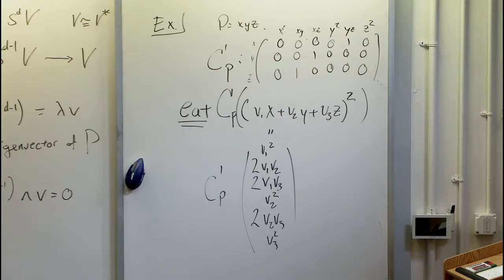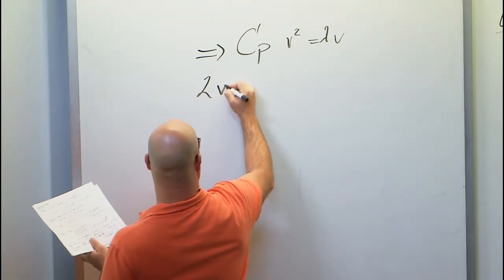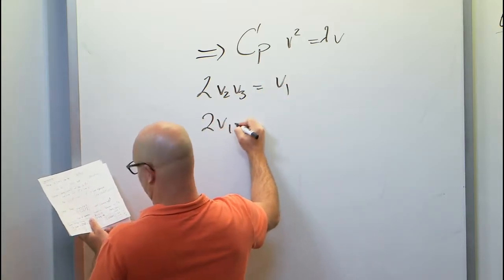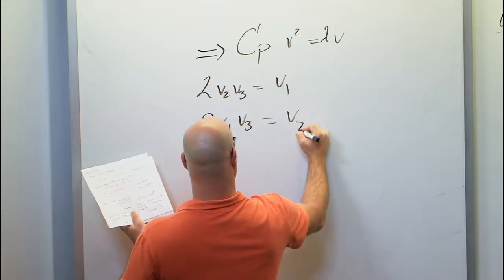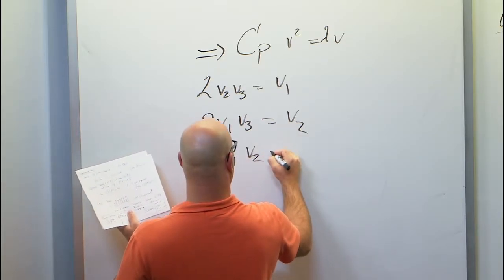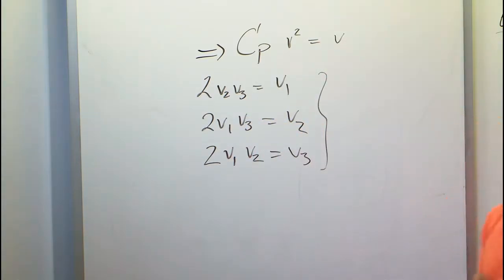So I get a system of equations now that I have to solve. If I'm going to have C1 P v squared equals v times some lambda, then this means that I have to have 2 v2 v3 equals v1, 2 v1 v3 equals v2, 2 v1 v2 equals v3. This is the way I decided to solve it. And I'm just going to set lambda equal to 1 for this problem.